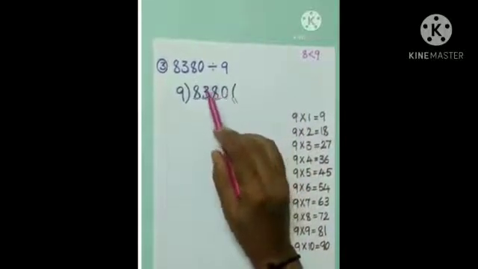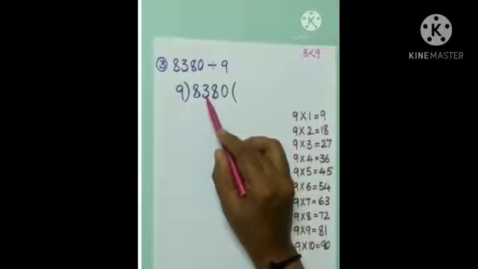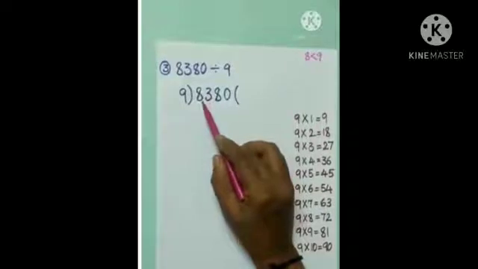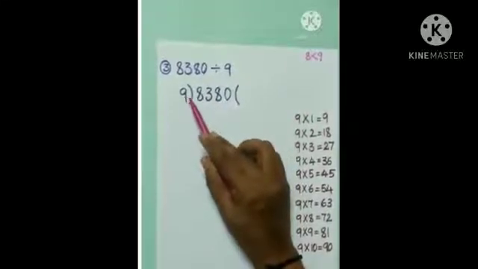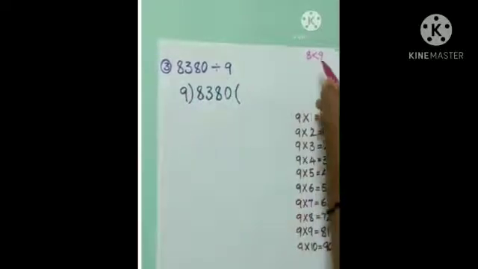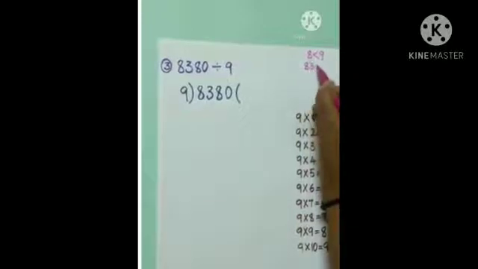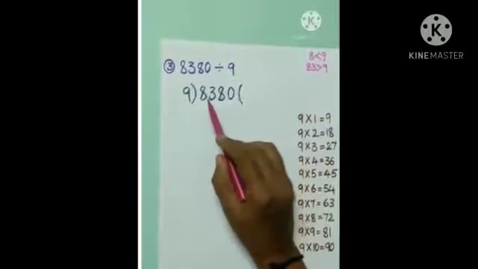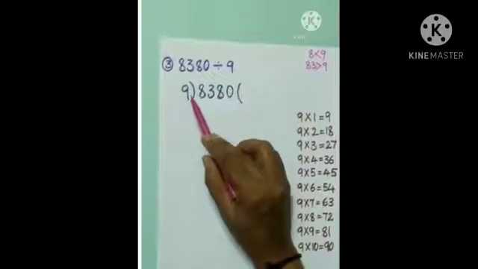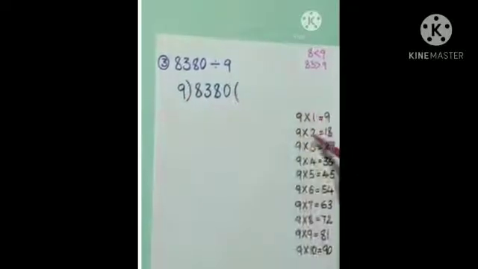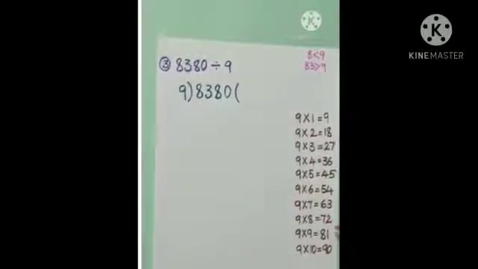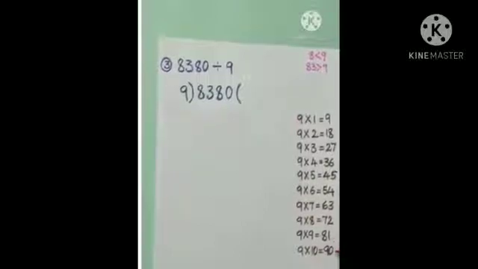So here we consider the next hundreds place digit, that is 3. Now compare 83 with the divisor 9. 83 is greater than 9. And therefore we can divide 83 by 9. We use the table of 9 to find the product which is equal to and nearest to 83. 83 is nearest to 81 and 90.